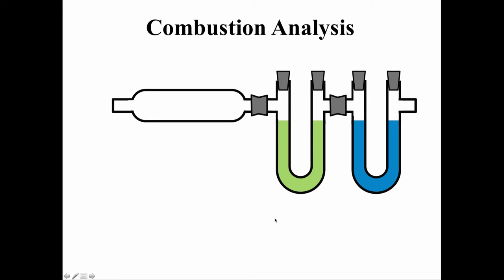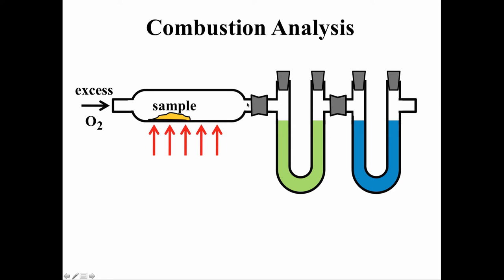Well, first of all, here's a schematic of how combustion analysis works. We have a sample of our substance, in this case our small mass of propanoic acid. We run a lot of oxygen past it, so the sample's in a typically glass cylinder where there's an inlet and an outlet.